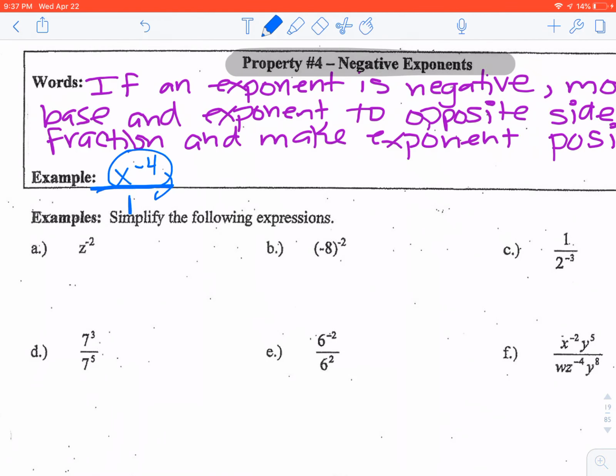Take the exponent that's negative and move it to the opposite side of the fraction to make it positive. So that x to the fourth would move to the bottom and become positive. You need your placeholder of 1 on top, so that we know it's 1 over x to the fourth. Basically, you're picking up whatever's negative and moving it to the opposite side of the fraction to make it positive.